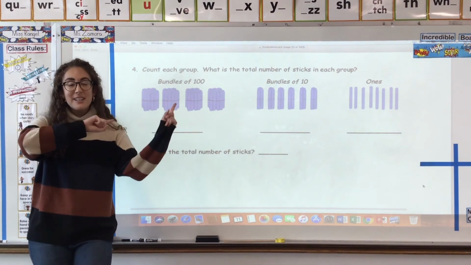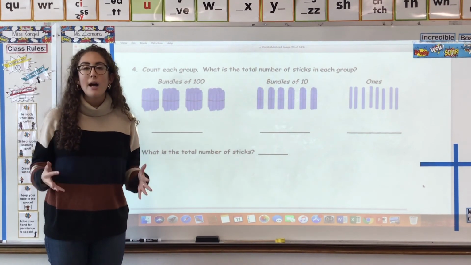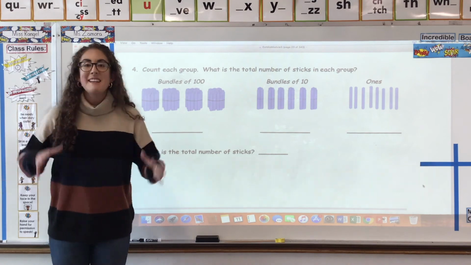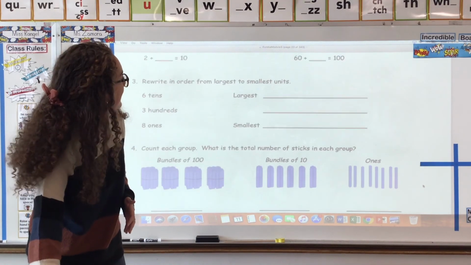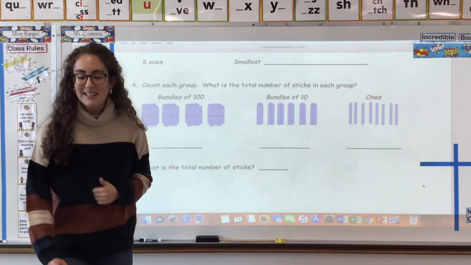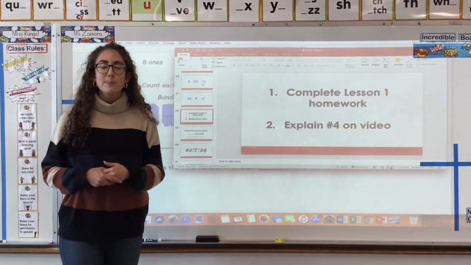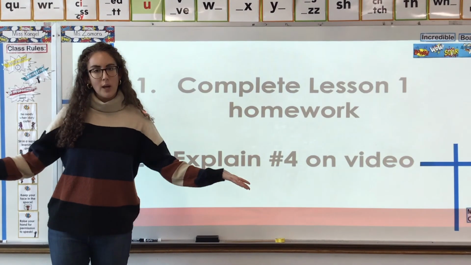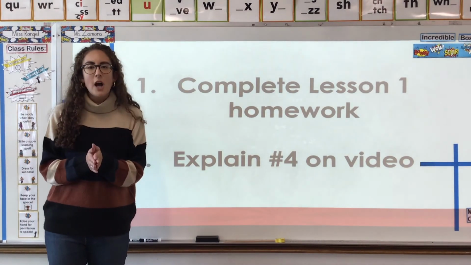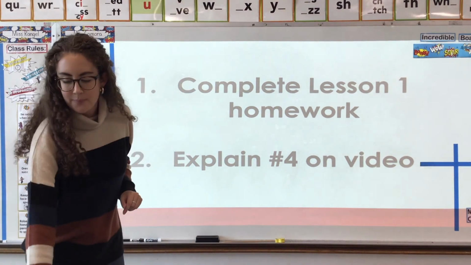And this is the number 4 that you're going to take a video of once you're done with the homework. So your job is to complete this page from questions 1 through 4, and once you're done, you are going to take a video of yourself explaining how you solved question 4. You're going to talk about how you know which number that picture represents.